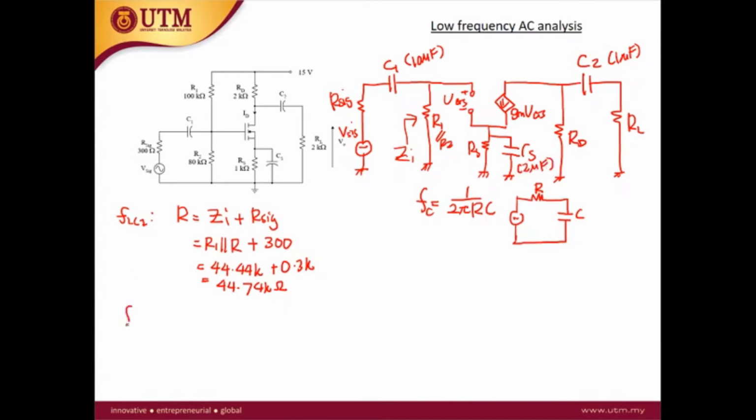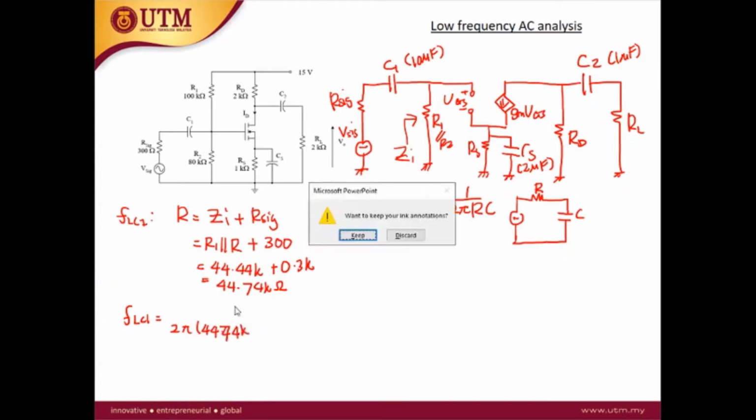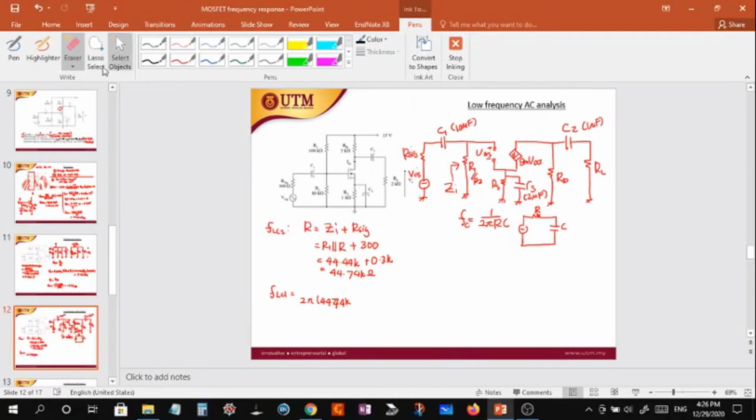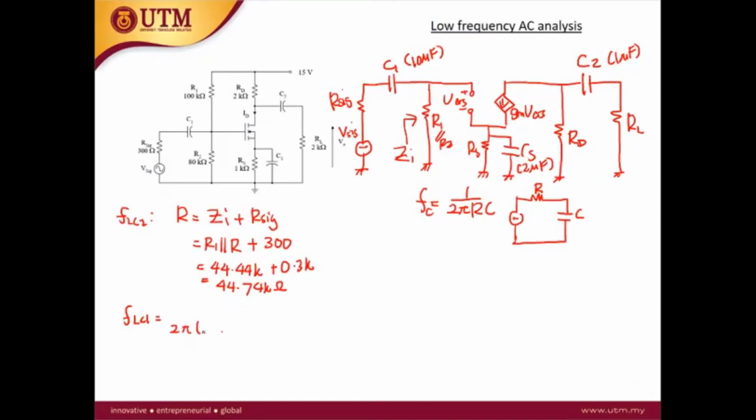So FLC1 is equal to 1 over 2 pi times R, which is 44.74K, and then C is 10 micro.